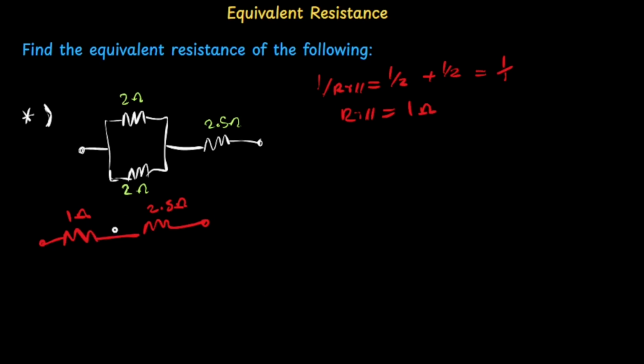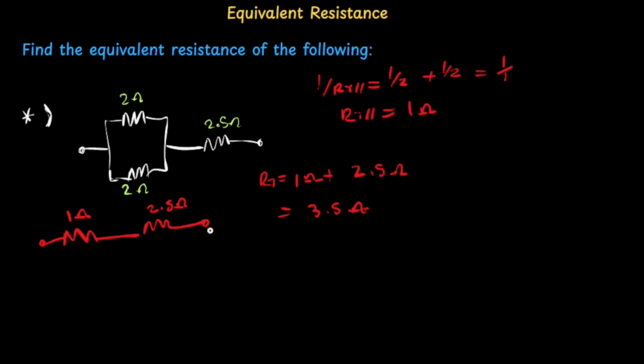And we know that when we have a series collection of resistors, we simply add up their resistance. So the total resistance of this connection is actually 1 ohm plus 2.5 ohms, which is 3.5 ohms.